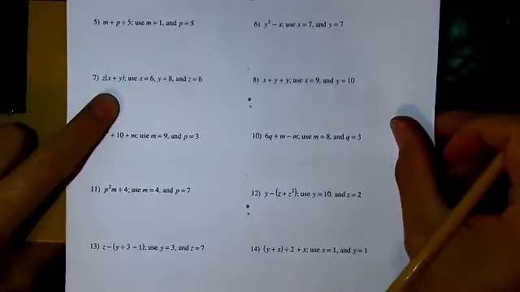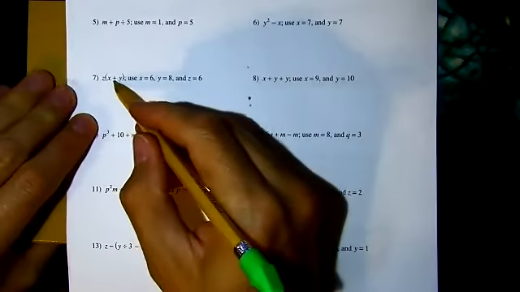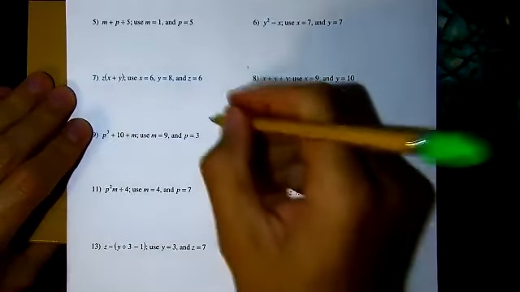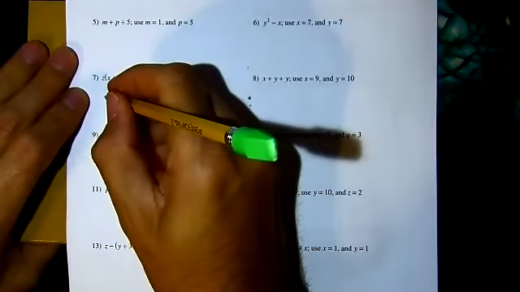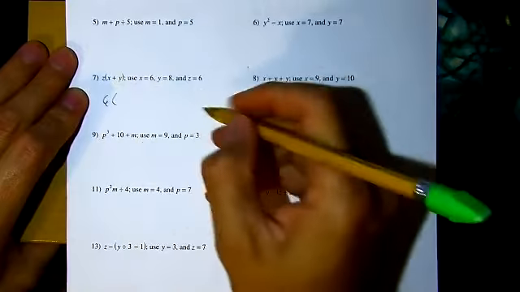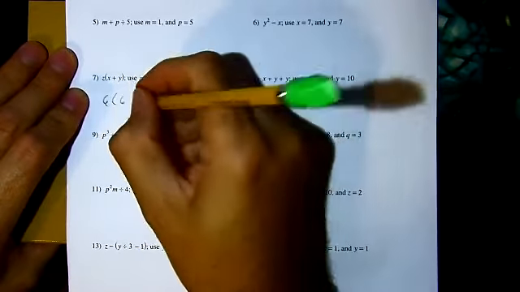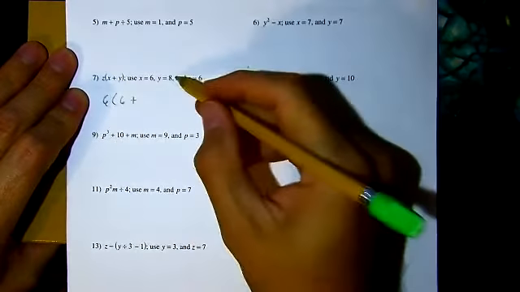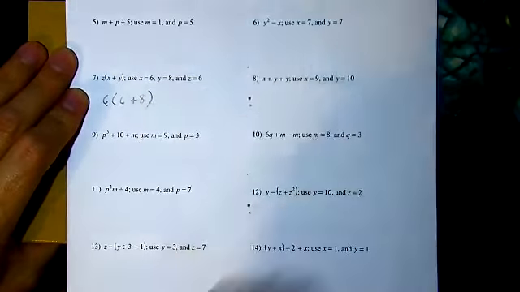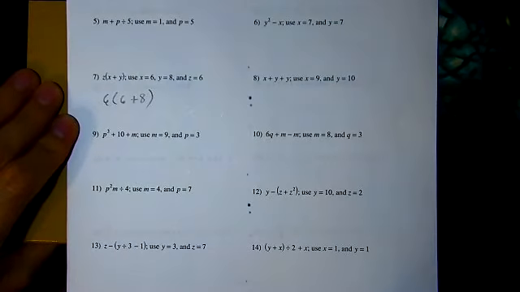Let's do one a little bit more difficult. Let's do this one right here. So z parentheses x plus y parentheses. Z is 6, parentheses. X is actually 6 too. That's weird. Plus y, which is 8. So there's your problem.